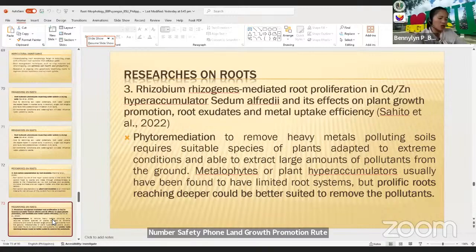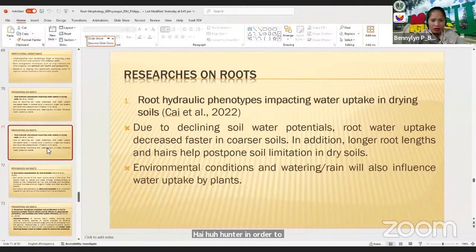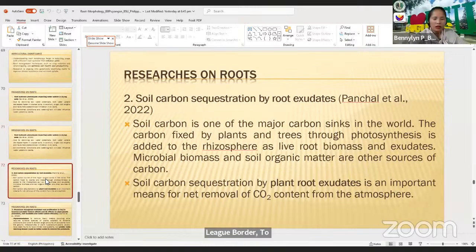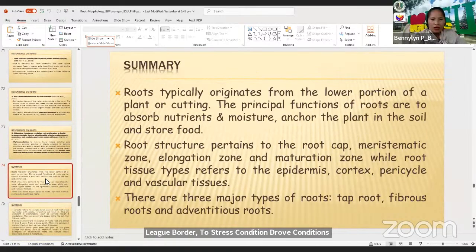So there are still many more researches on how the roots are being improved or enhanced in order to anchor, or in order to live or to tolerate those stress conditions, drought conditions brought by climate change or the global warming.